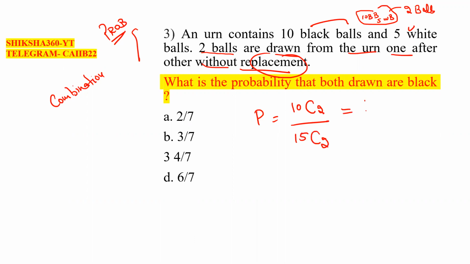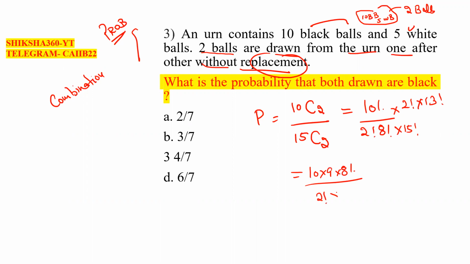10C2 opens as 10 factorial upon 2 factorial into 8 factorial. Similarly, 15C2 is 15 factorial upon 2 factorial into 13 factorial. So it becomes 10 into 9 into 8 factorial upon 2 factorial into 8 factorial, and 15 into 14 into 13 factorial upon 13 factorial into 2 factorial.